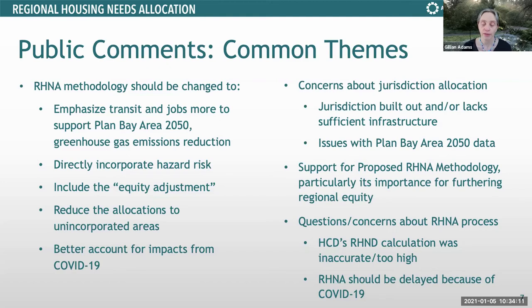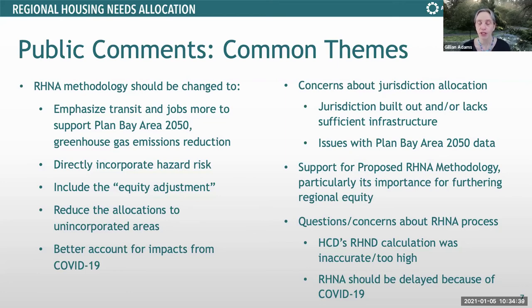We heard concerns from a number of jurisdictions and residents about the ability to accommodate their illustrative RHNA allocation because the jurisdiction is built out or lacks sufficient infrastructure, while some jurisdictions highlight specific issues with the data used in the blueprint. We received several comments supporting the proposed RHNA methodology, particularly its emphasis for furthering regional equity.